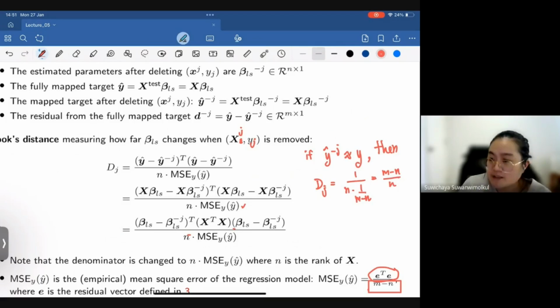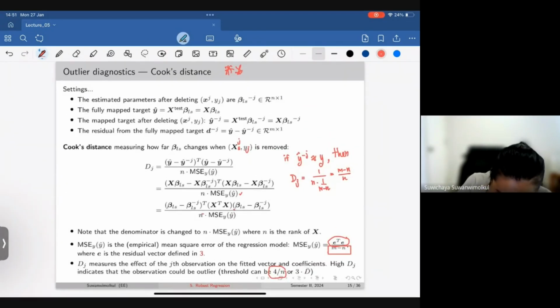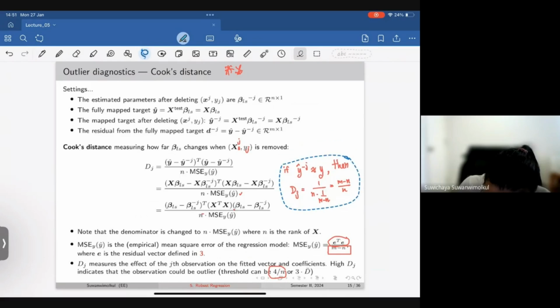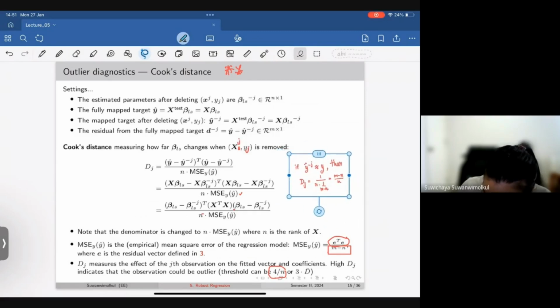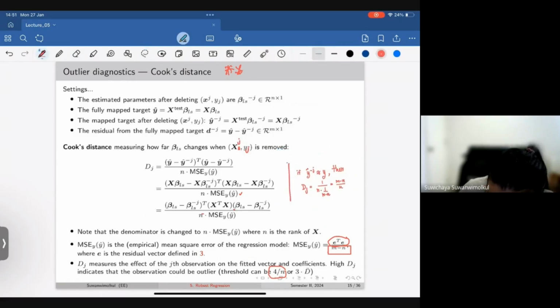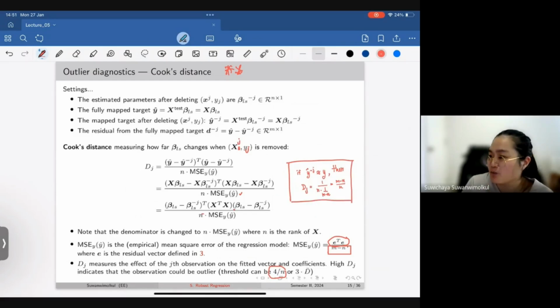Okay, but what if it wasn't? I think that's more of the problem. What if yj, okay, so we have this as our base thought: if we remove that j and it just makes everything way better, then yes, this dj high is probably a bad one.